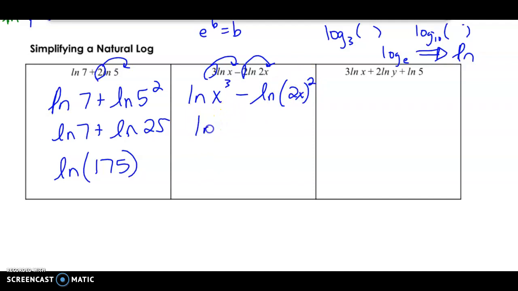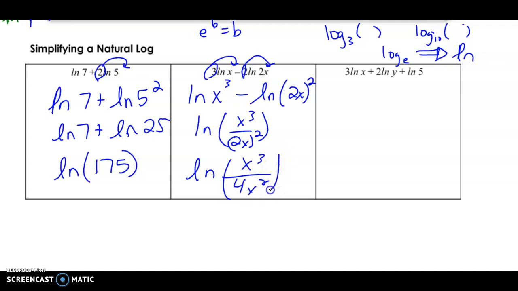Since it's subtraction, I can divide. If you want to simplify that, 2x squared, and then finally we can simplify. So we can just rewrite it natural log of x over 4.